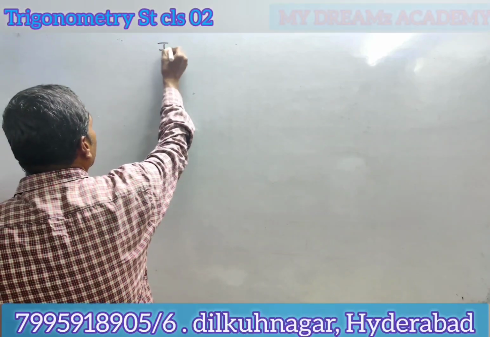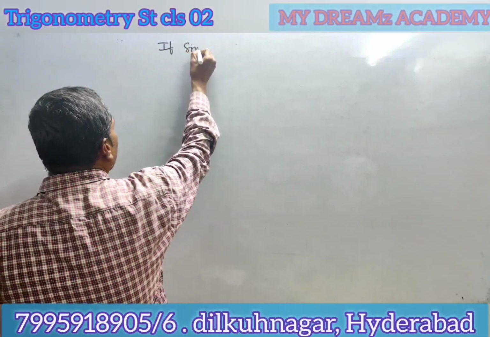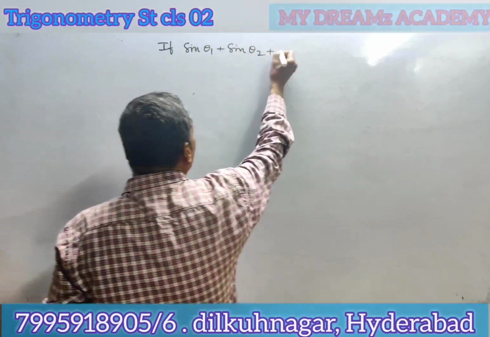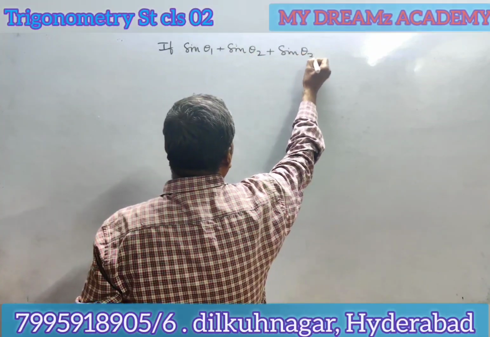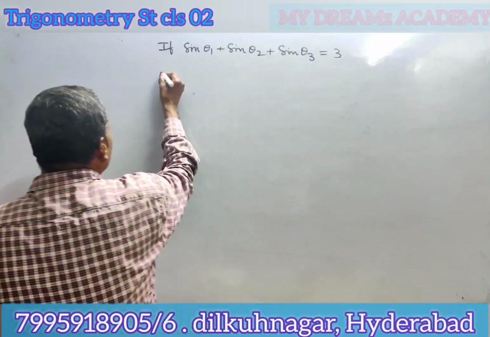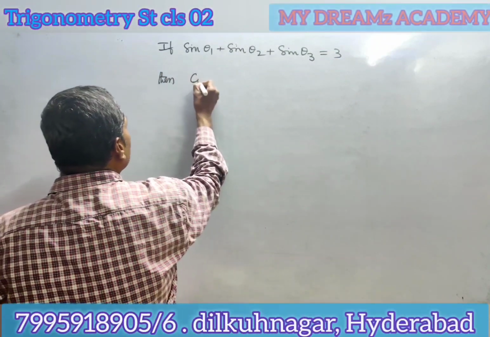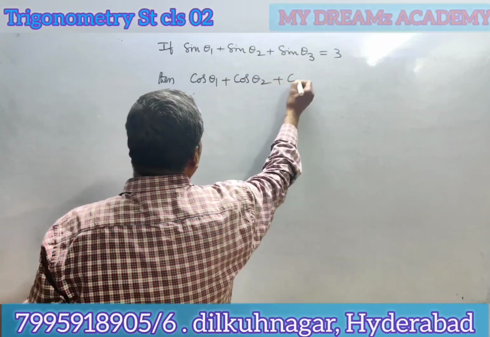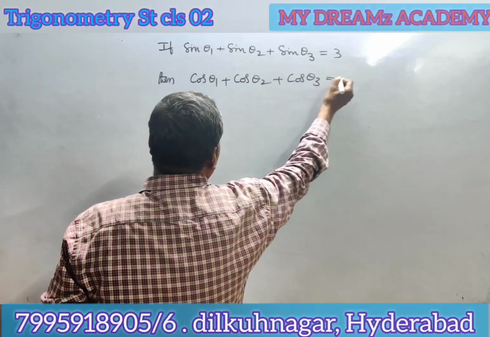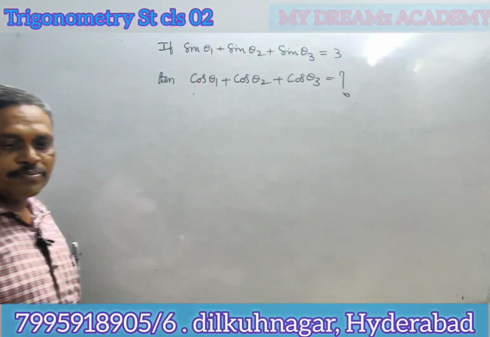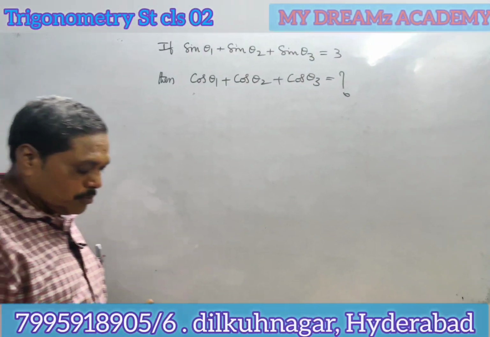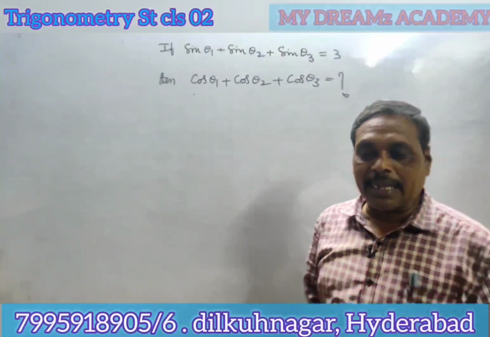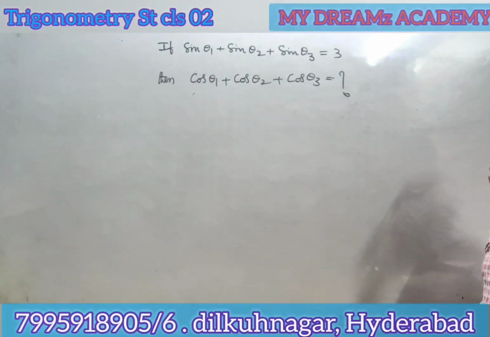If sin theta 1 plus sin theta 2 plus sin theta 3 is equal to 3, then what is cos theta 1 plus cos theta 2 plus cos theta 3? This is your problem. See how we are going to do it. Not by using any method, just by observing.